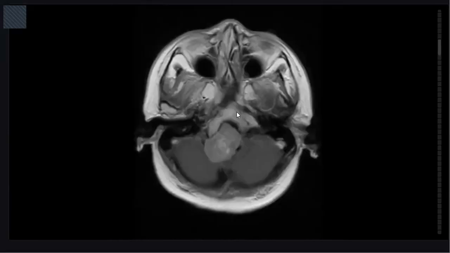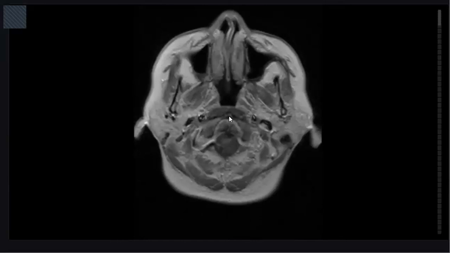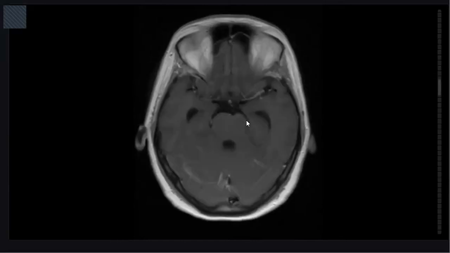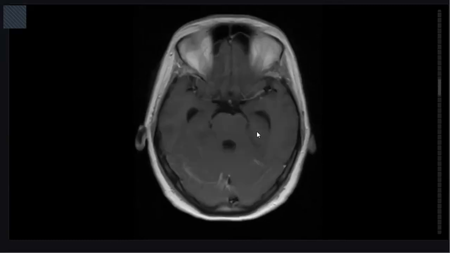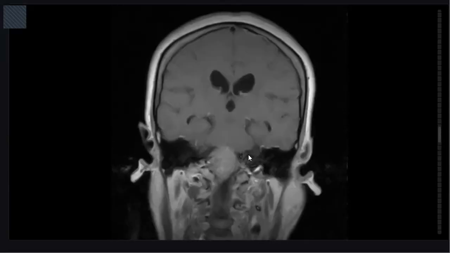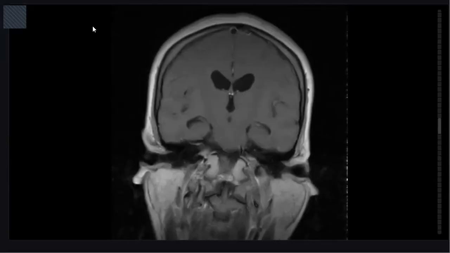Differential here will include foramen magnum meningioma. It is not a bony lesion to suggest any chordoma or chondrosarcoma or something like this. It is an extra-axial meningioma in the foramen magnum.